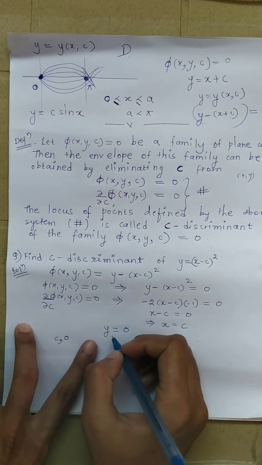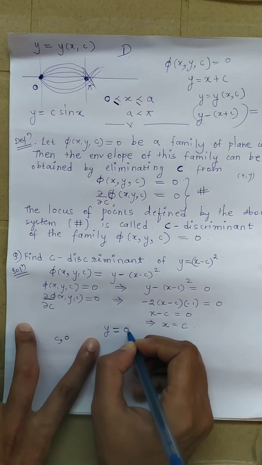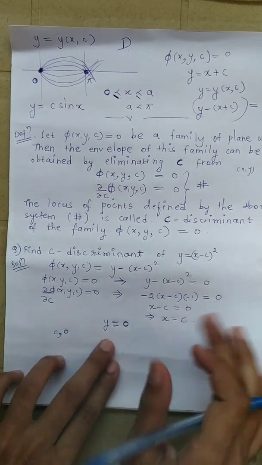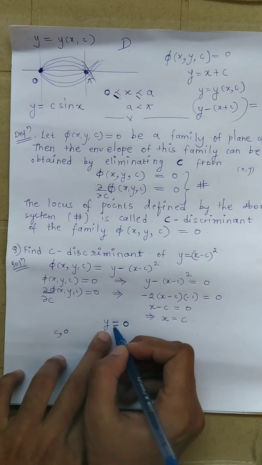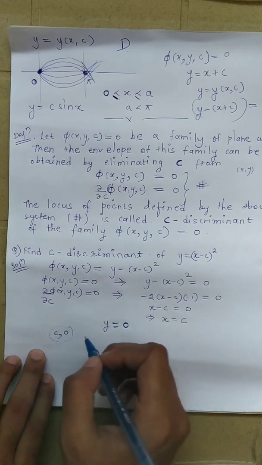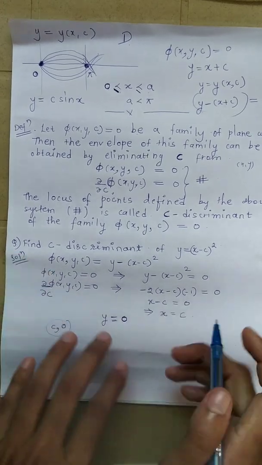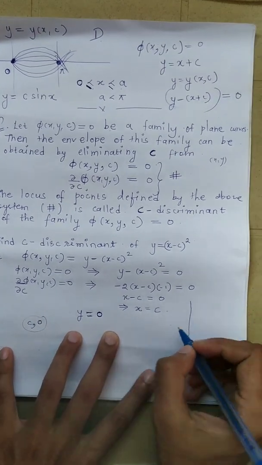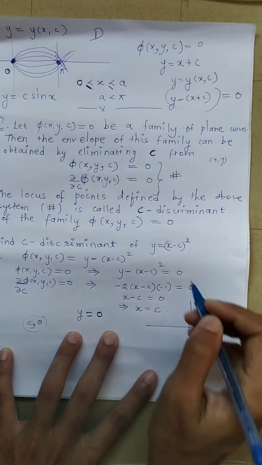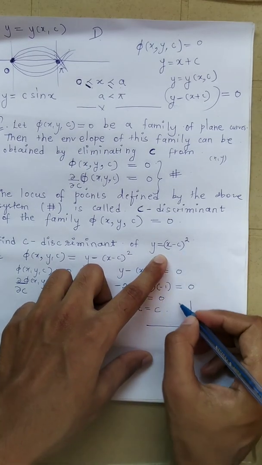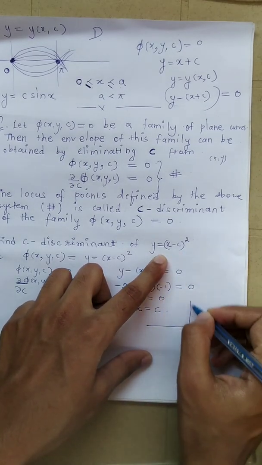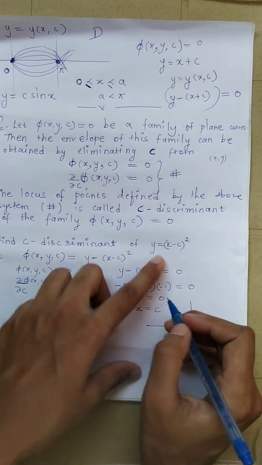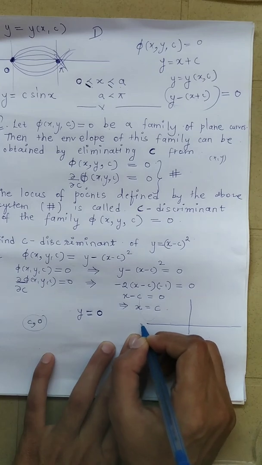In fact, the C discriminant is y equal to 0. And what will these denote? Which points? If you see here, these will be all the parabolas, like this, and y equal to 0 will be this line.